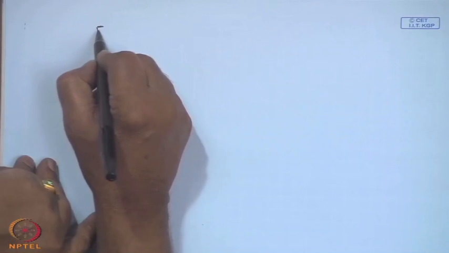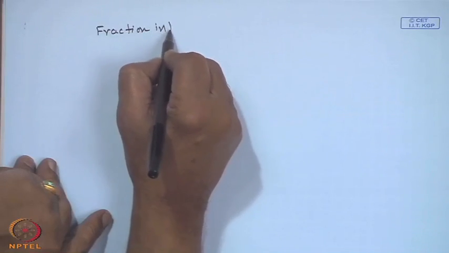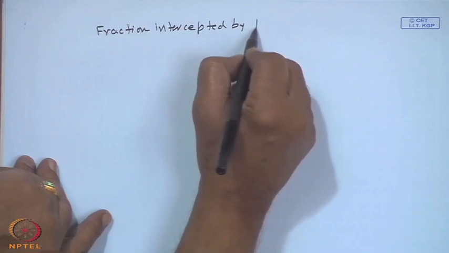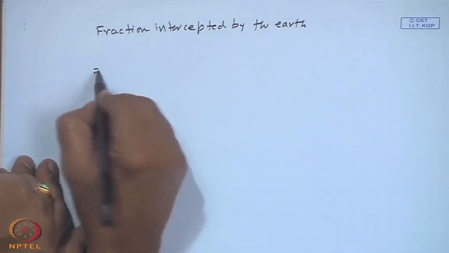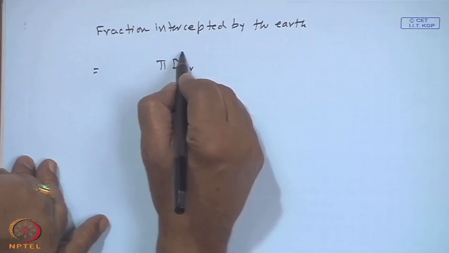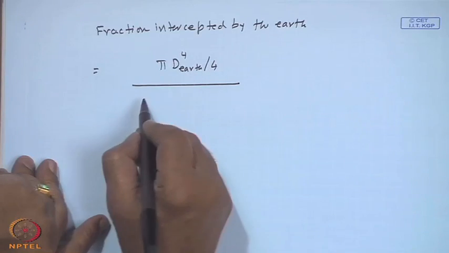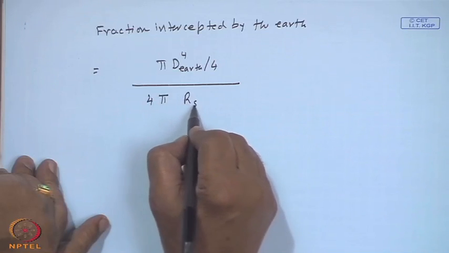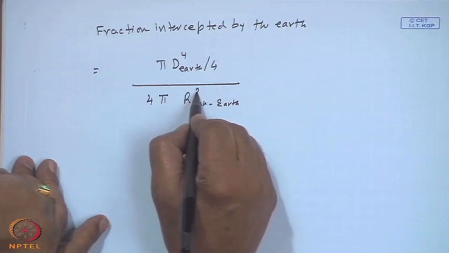Fraction intercepted by the earth should be equal to pi d earth squared by 4 divided by 4 pi r sun-earth square.